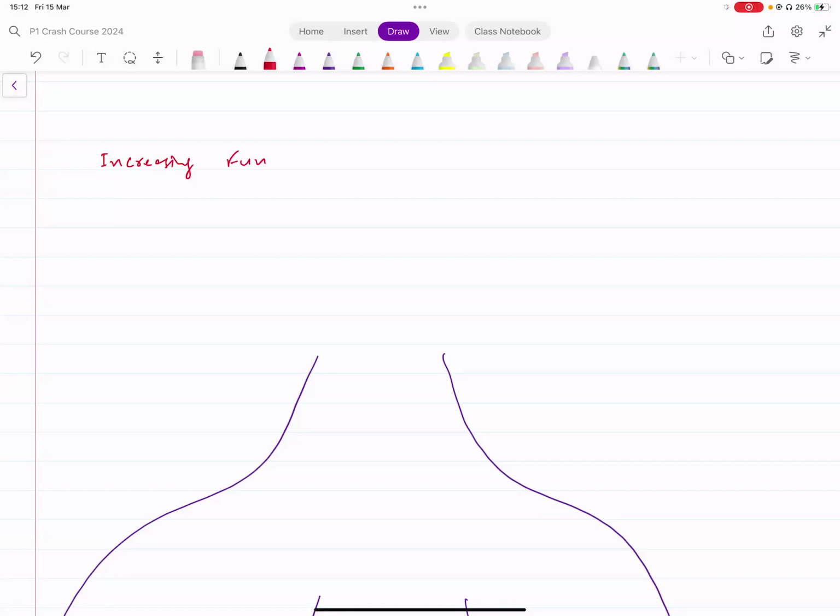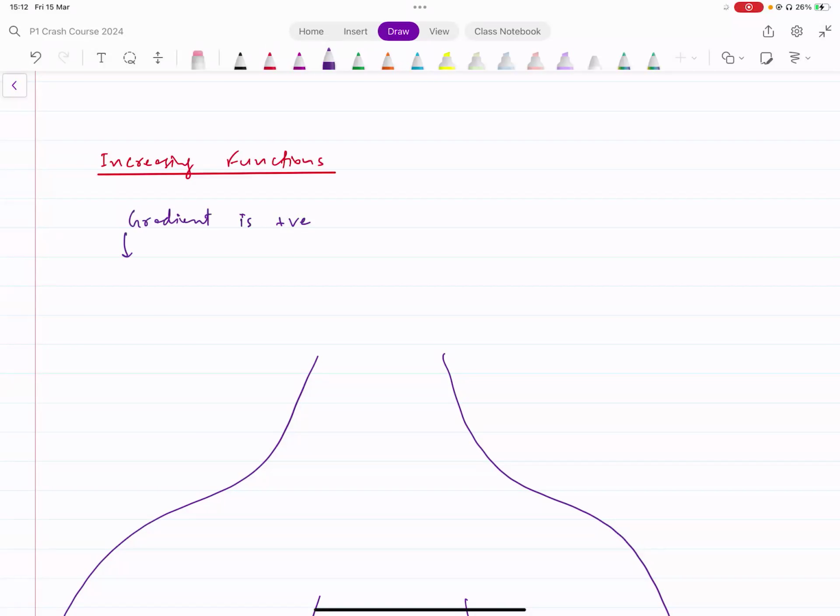In increasing functions, gradient is positive. Now, since we will be talking about curves here, how do you find gradients of curves? Gradients of curves are found using differentiation.